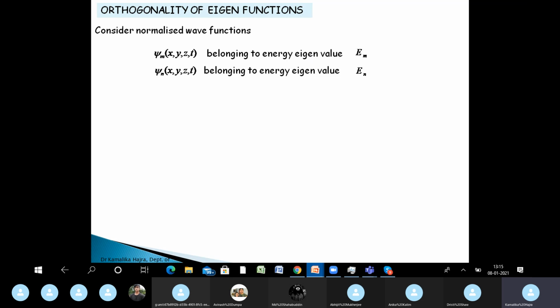Okay, I hope you can recognize the eigenvalue equations that are satisfied here: H, capital H, the Hamiltonian, H psi m equal to Em psi m, H psi n equal to En psi n.